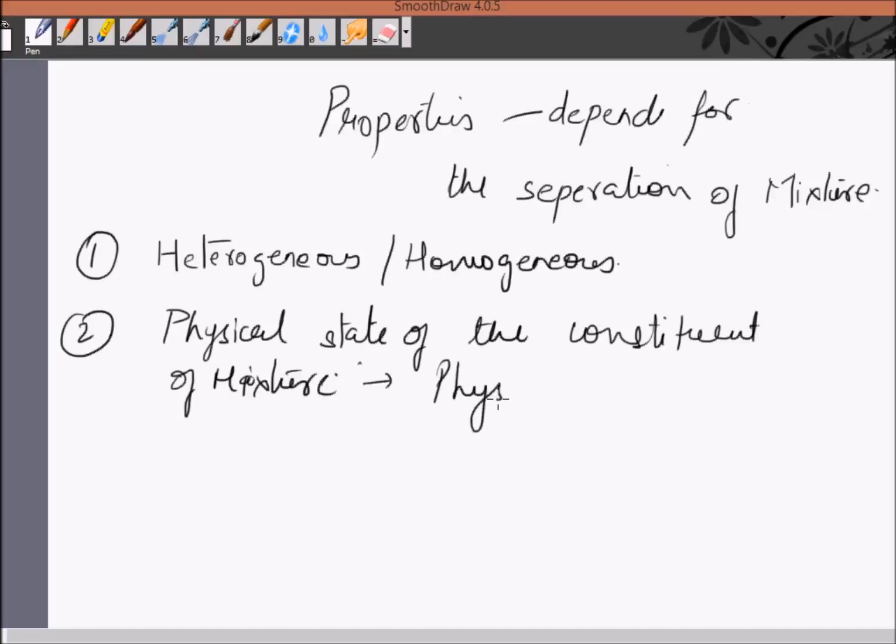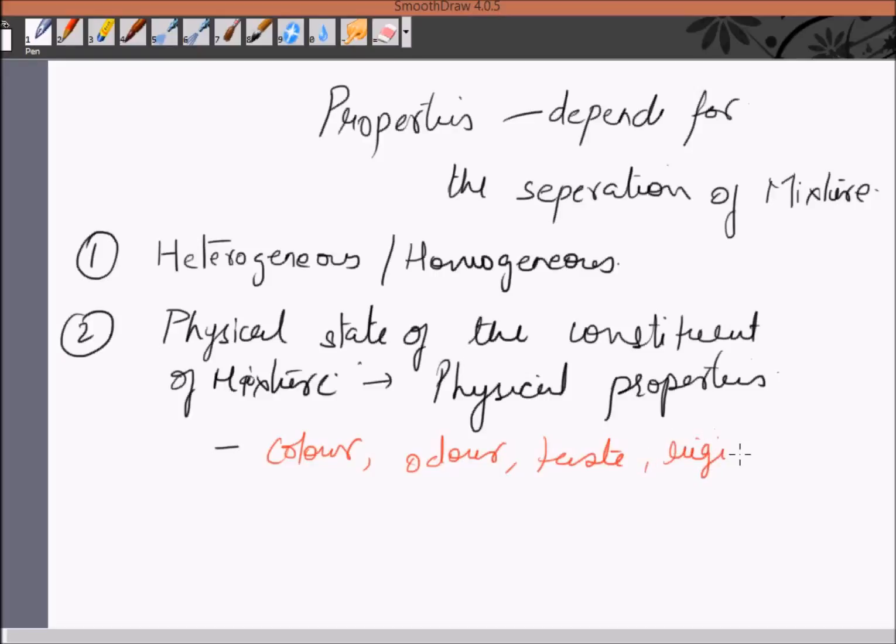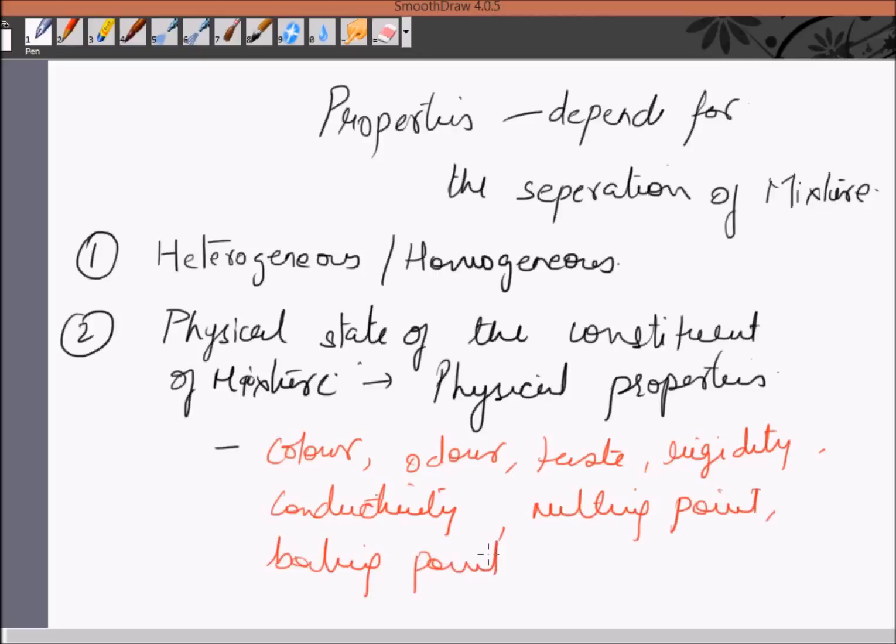The physical properties are those properties that can be either felt by the senses or measured with the help of suitable equipment, like color, odor, taste, rigidity, conductivity, melting point, boiling point, also the magnetic property.